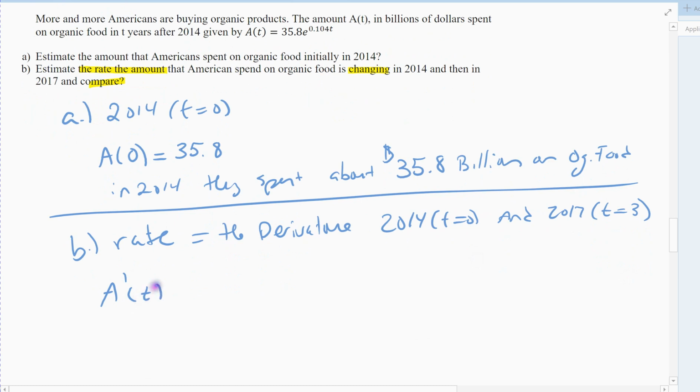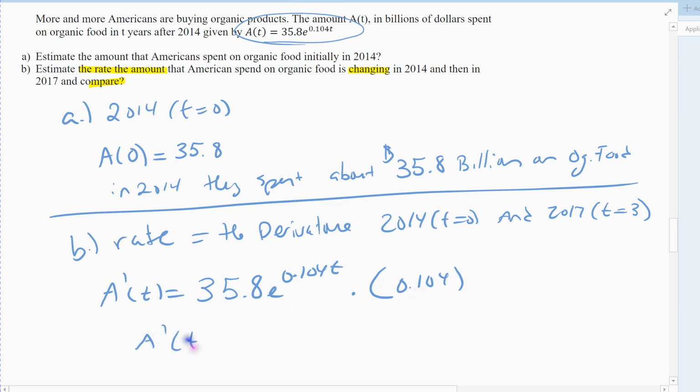Derivative first. The derivative of A of t is going to require my chain rule. The first thing you do is write down the original function, 35.8e raised to the 0.104 times time, but I'm not done yet because there's that number multiplying t. I've got to remember to multiply by that number, 0.104, and then I clean it up, multiplying my 35.8 times that number.